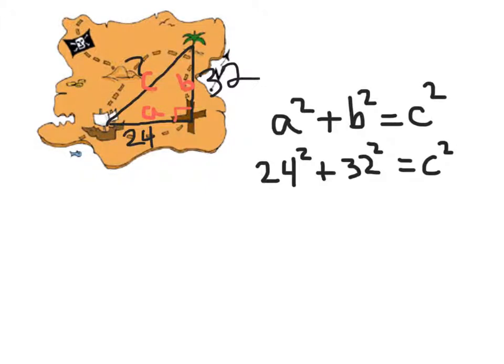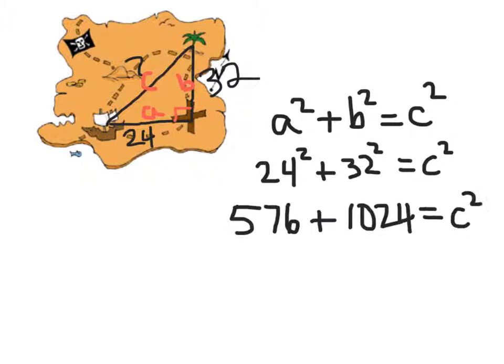Now we can start filling in our A and B and start to work out what side C would be. Now that we've simplified our a squared and b squared, we know that c squared would be 1600.